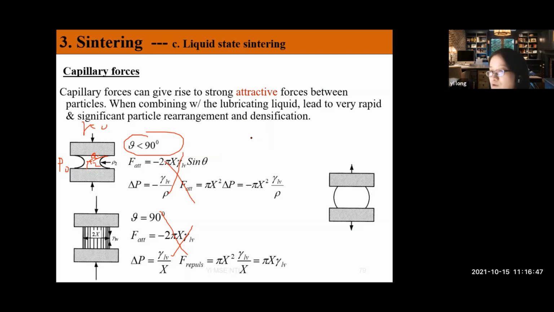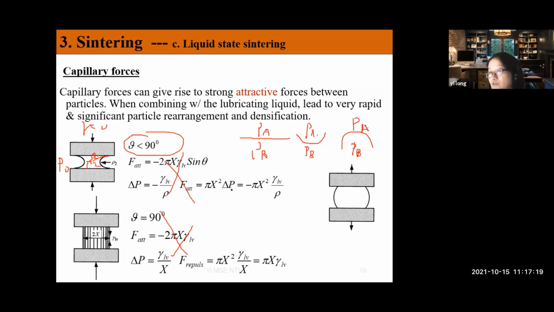So for example, if you have a paper, your paper is something like this. I draw this: pressure A and pressure B. You just use some instinct to understand this, okay?